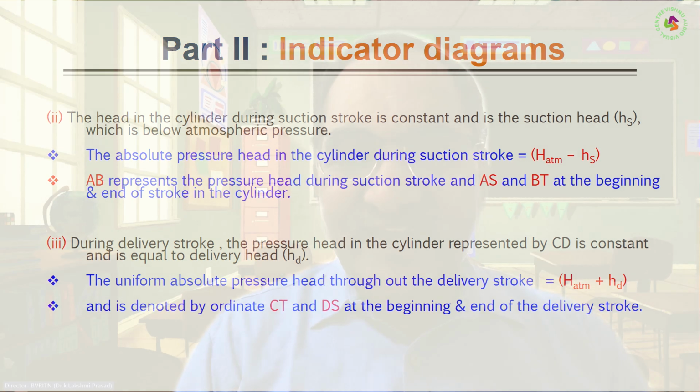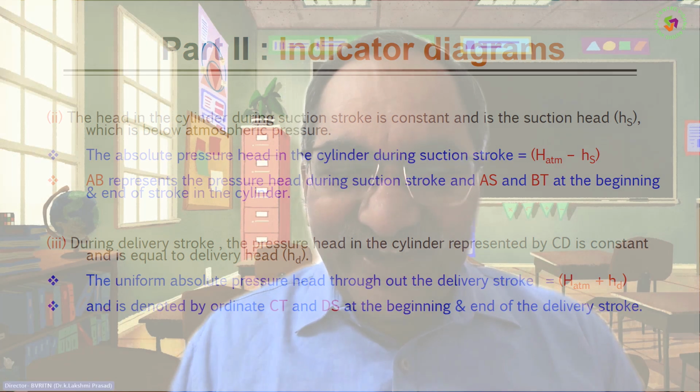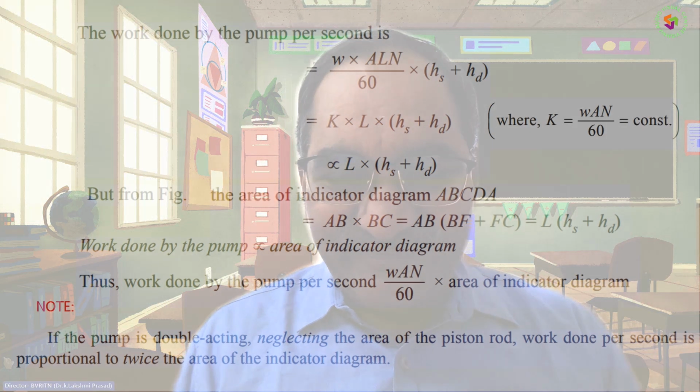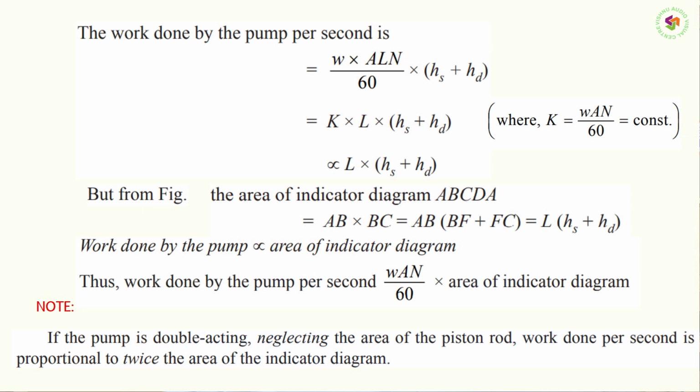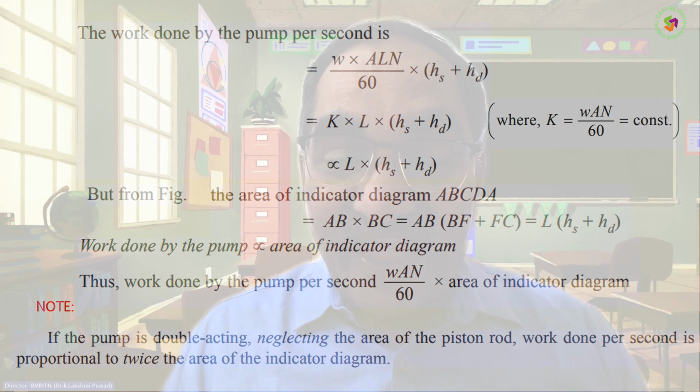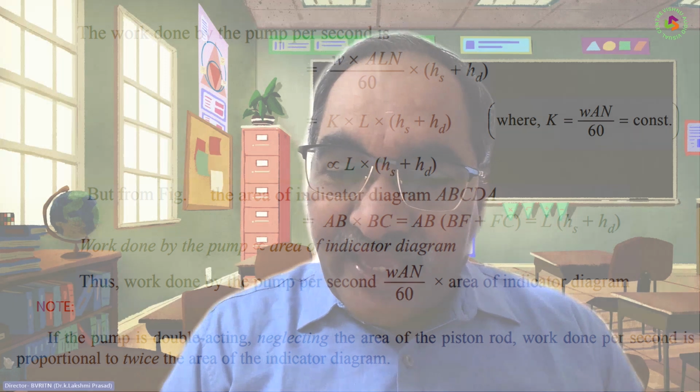First, the indicator diagram. The word itself signifies that it is something indicating. Indicating what? Indicating the pressure head with respect to what? The stroke length. Finally, the diagram is a graph drawn between the stroke length on the x-axis and pressure head on the y-axis.